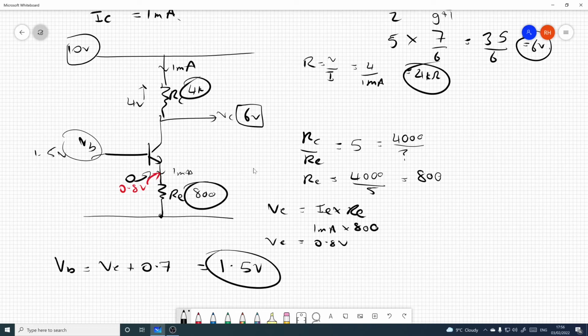Now you can cheat in terms of a simulation and just say that's 1.5 volts and see if you've managed to set up your 1 milliamp, or you can go through the aggro of setting up a resistor network here such that you've managed to achieve 1.5 volts here, and then capacitively couple in your circuit.